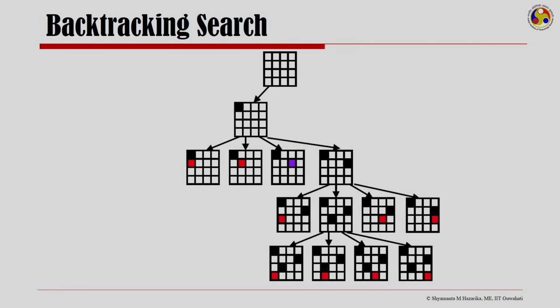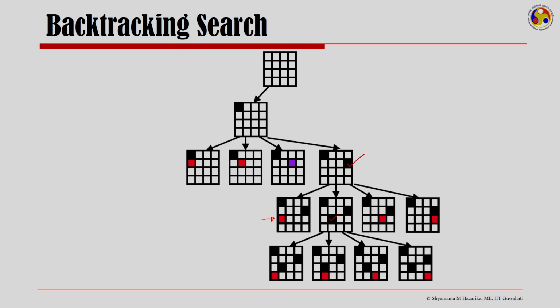We have to backtrack. So, we remember what we started with, backtrack and get a new position for our second queen. With the new position for the second queen, we start once again with the third row to place our third queen. The first position is not legal because we have a queen here which will attack, but the second position is a legal position.